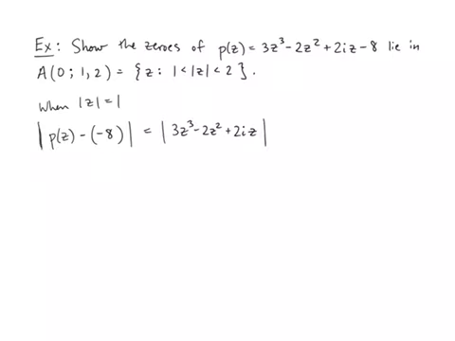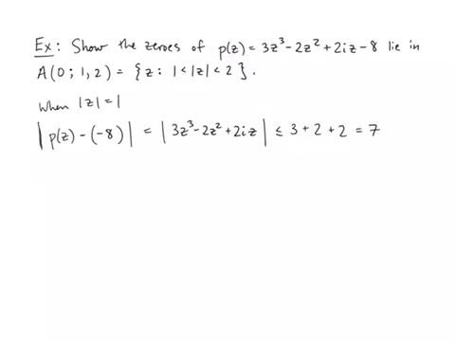And, well, using the triangle inequality, that's less than or equal to 3 times norm z cubed, so that's just 1, plus 2 times norm z squared, so that's just 2, and then norm of 2i times norm of z is 1, so that's another plus 2, and that is equal to 7.